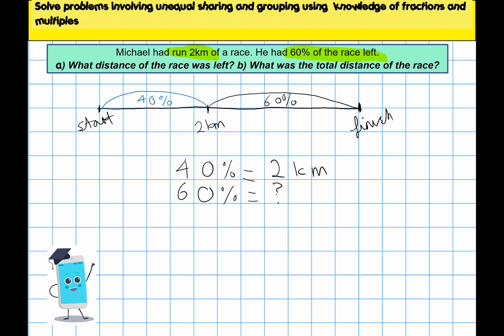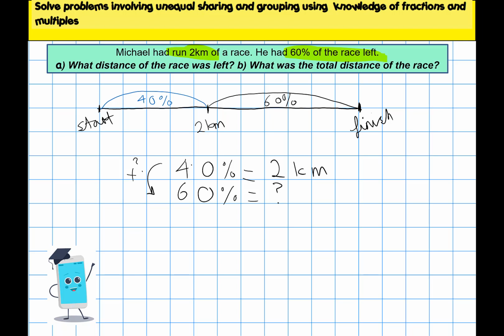Now we could think about scale factors. You may have watched some of the ratio videos and scale factors. What do we multiply 40 by to get to 60? And then we can apply it here. But if 40 isn't a factor of 60, how are we going to figure this out?